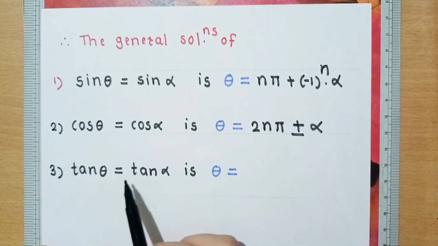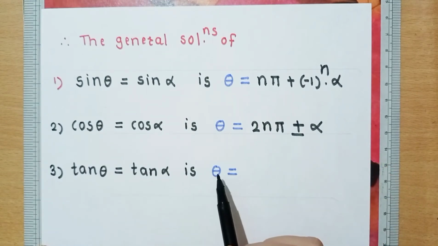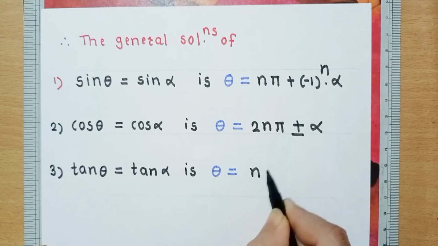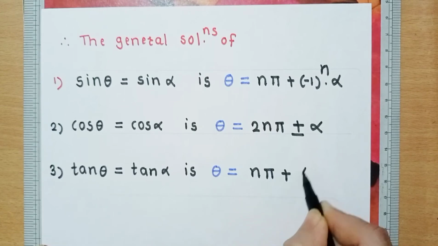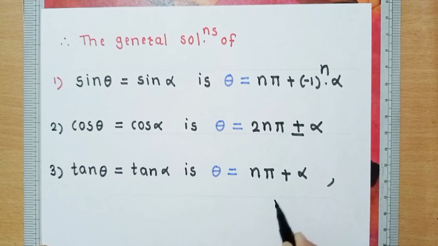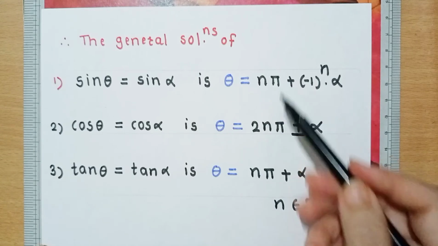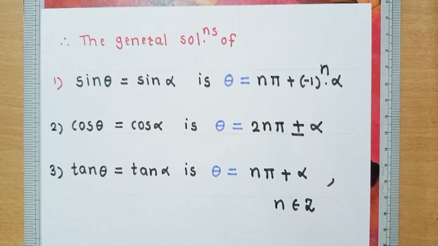And if tan theta is equal to tan alpha, then theta is equal to n pi plus alpha, where this n belongs to Z, means set of integers. Keep in mind here only plus sign is there. You have to learn these formulae and you have to solve the next examples.